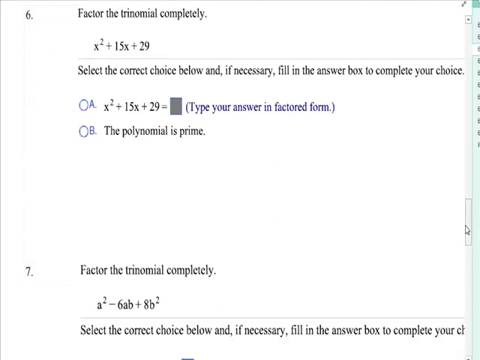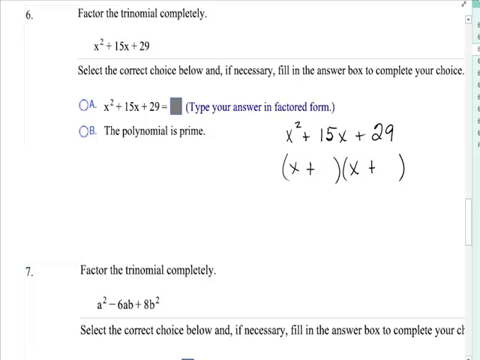Let's look at number 6. I have x squared plus 15x plus 29. Common factor? No. Since there are 3 terms, I do trial and error. Remember, if there are 4 terms, you would have gone back to your grouping technique. All right, last sign is positive. That means that it's either plus plus or minus minus. And that tells you it's plus plus. X and x.